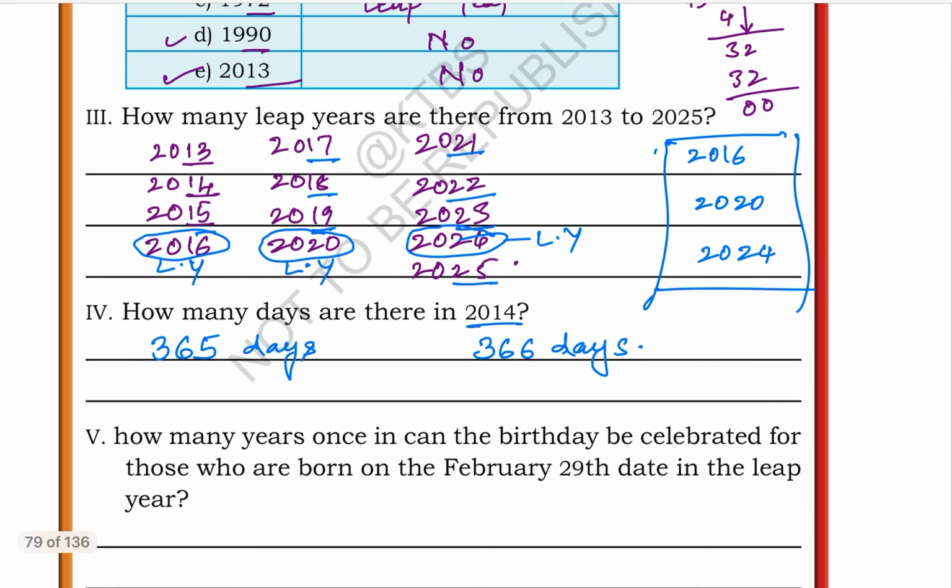Now what is 2014? Is it a leap year or not? Divide 14 by 4. Is it divisible completely by 4? No. Then it is not a leap year. So 365 days is the correct answer. This is not a correct answer because it is not a leap year.